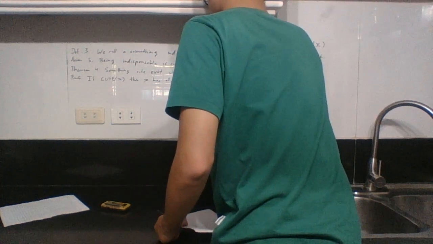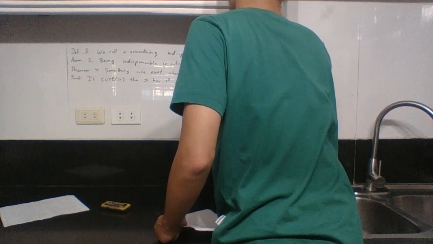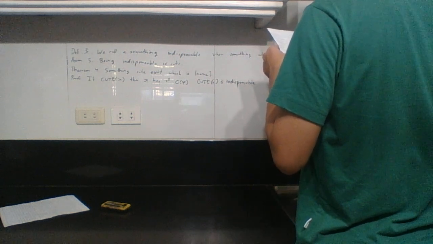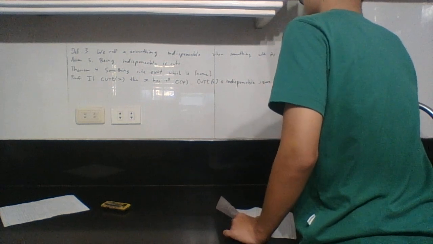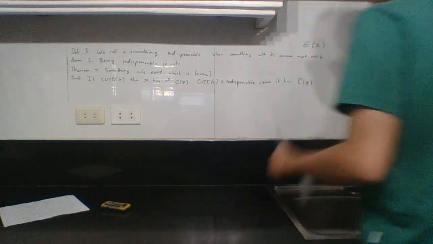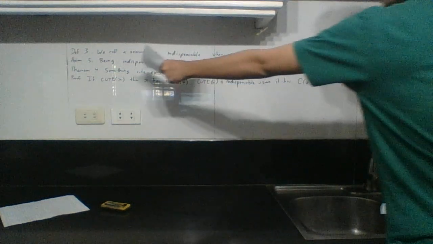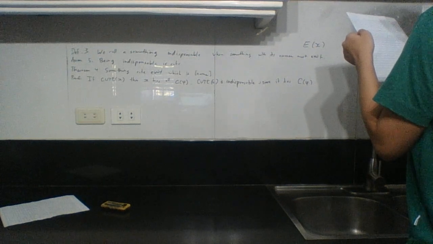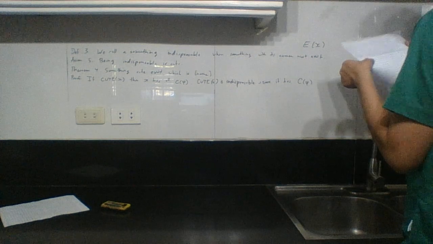So cute X is indispensable, since it has a cute property. Since it has a C of bar 5. So it has a cute property by axiom 5. So by definition, something with its essence, which is just being cute, by the previous theorem, must exist.